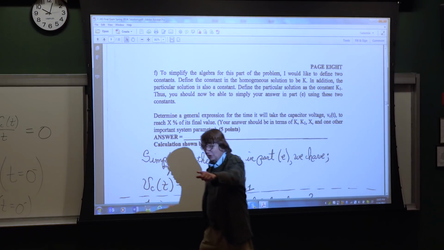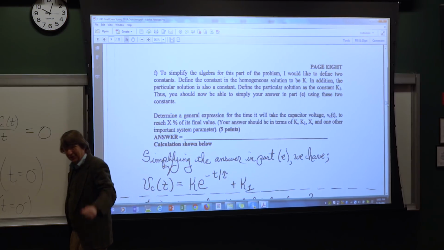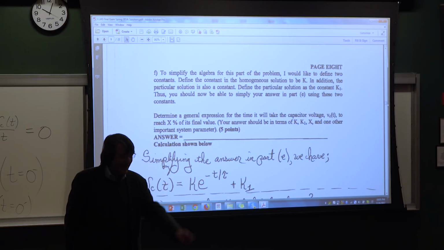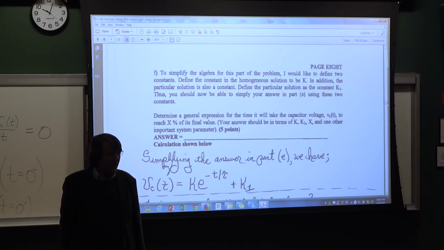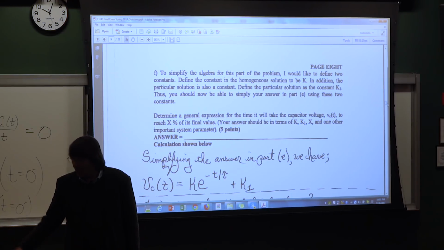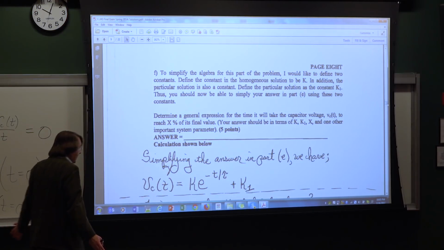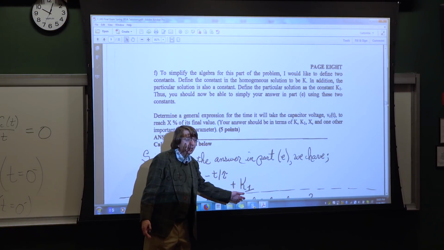Here's the hardest part. What's the final value? Excellent, Sarita. K1. Because as you pointed out to me earlier, you let t go to infinity, e to the minus t over tau goes away. So the final answer is K1.